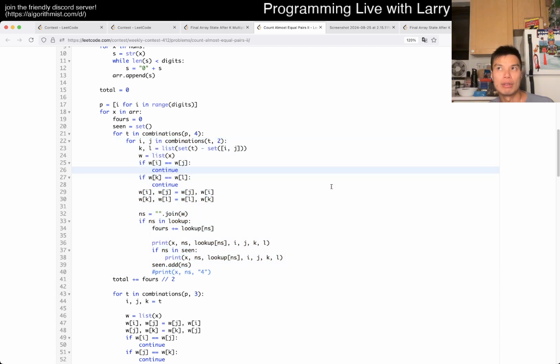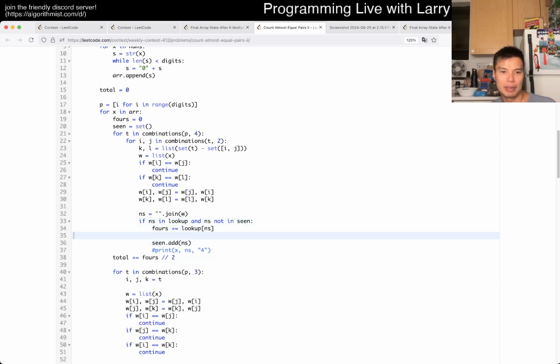Oh, I see. I could see it. I see it. I see a case. Basically, if W sub J is equal to W sub K, then we double count those. So you have to do like a scene thing, maybe, or that's the easiest way. I suppose. Okay, fine. Maybe I just have to concede that.